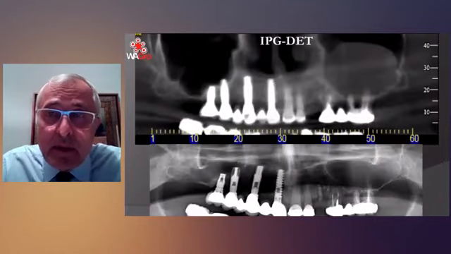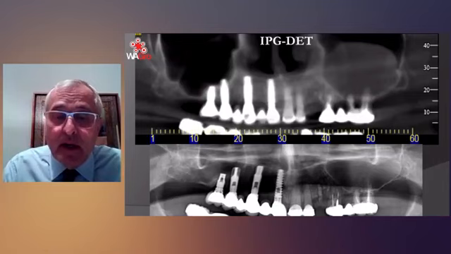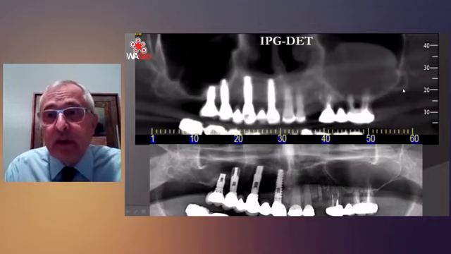I'd like to show you something very extreme. What do we have here? We have a case, big cyst in the sinus, no bone at all. Maybe we also have an oroantral communication here. Teeth. What do you think?